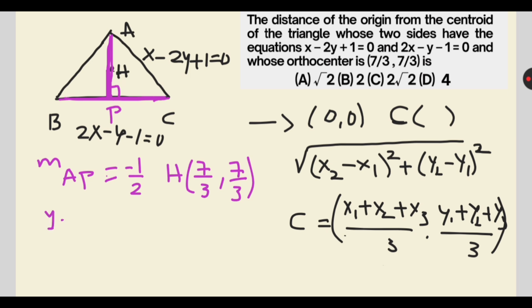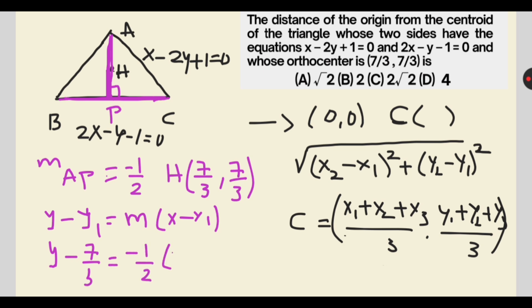What is the formula? y minus y1 equal to m times (x minus x1). y minus, what is y1? y1 is 7 over 3. That is equal to, the slope is minus 1 over 2 times (x minus 7 over 3). After solving this, we are going to get x plus 2y minus 7 equal to 0. So this is the equation of AP.